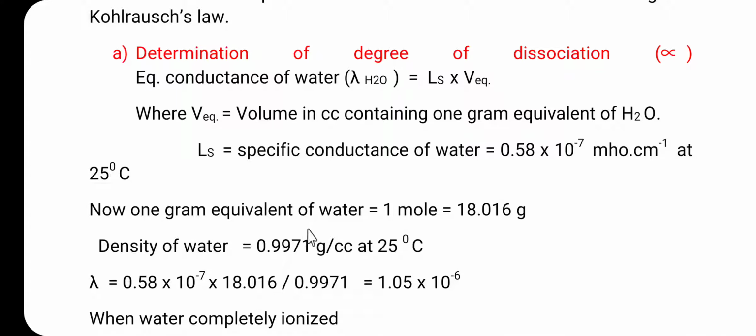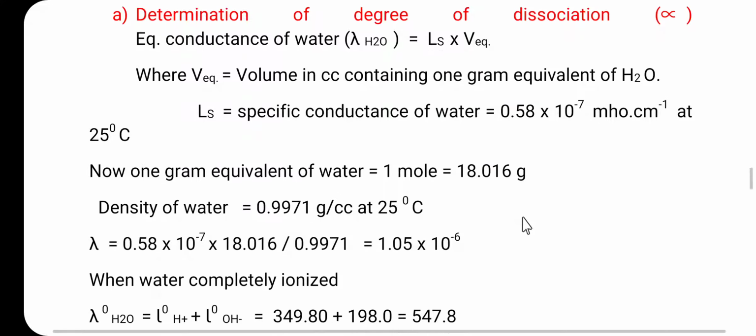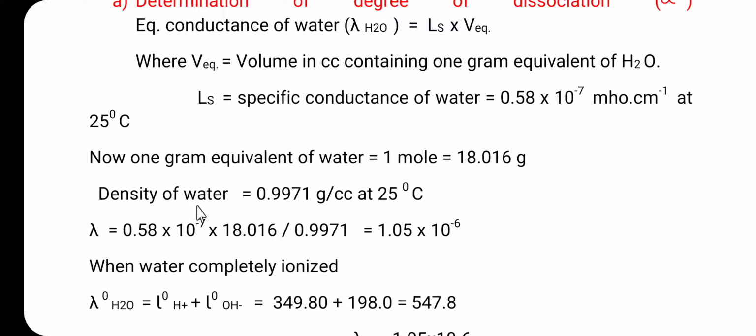Now 1 gram equivalent of the water means 1 mole of the water, and 1 mole of water is equal to 18.016 gram. The density of the water at 25 degrees Celsius is 0.9971 gram per ml or gram per cc. All of you know that density is equal to mass upon volume, so the volume is equal to mass divided by density.